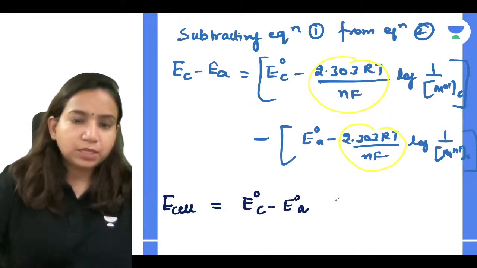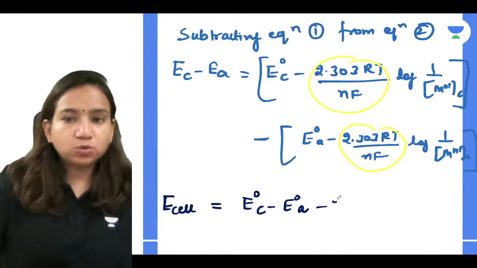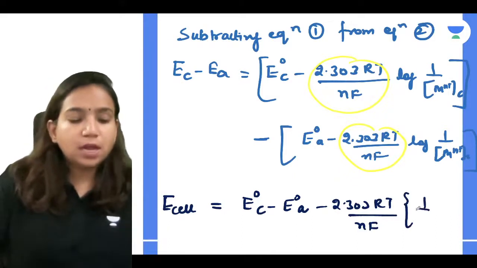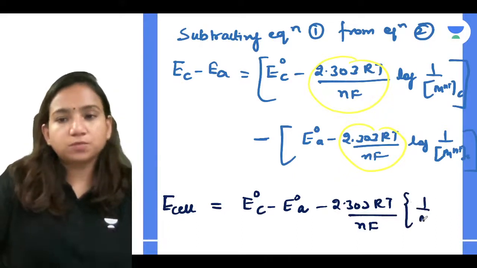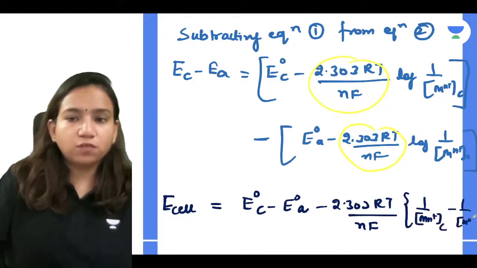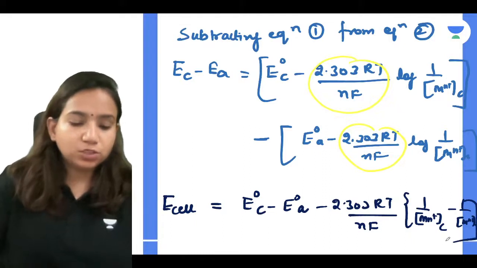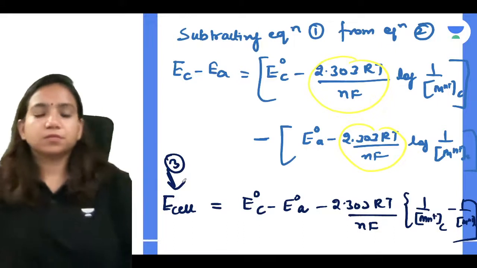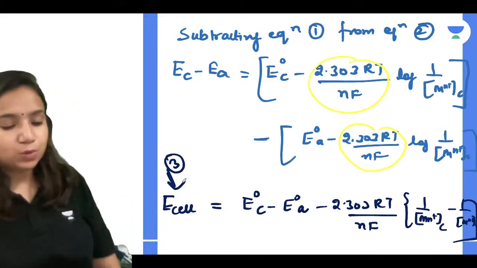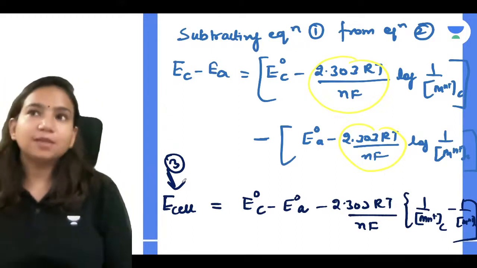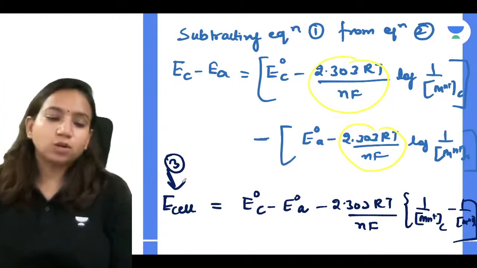Then I can write minus 2.303 RT by nF as the common thing, and then 1 upon concentration of cathode minus 1 upon concentration of anode. Everyone understood this equation? This I'm calling equation 3. Anyone having any doubt? It's so simple. We just simplified the equation. We are trying to get the cell potential from the electrode potential.